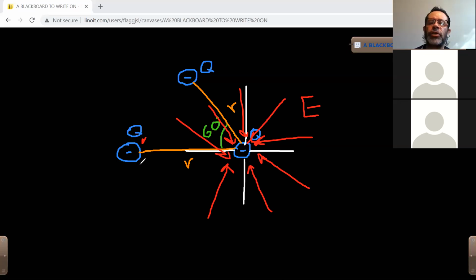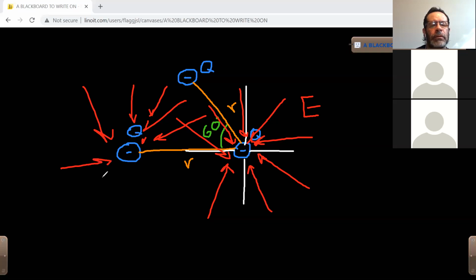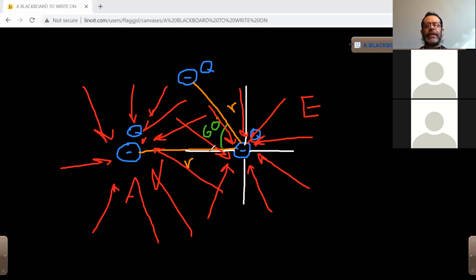Well, this is a negative charge also. So the electrical field of this one is also going to be going like this. Do you notice that the electrical fields are opposing each other? Yes.